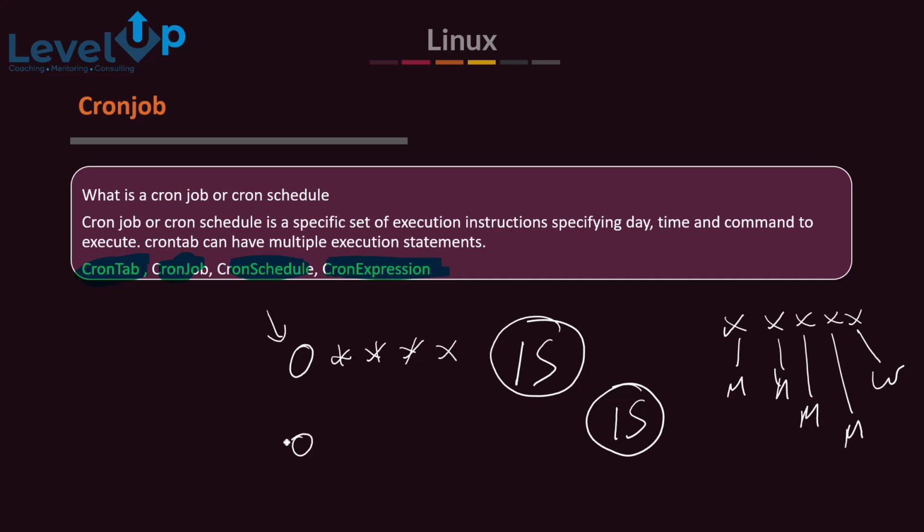Then this is 0, 0. Which day do I want to run? I want to run on the first. So I can give 1, asterisk, asterisk. So now this will run this command on the first of every month.